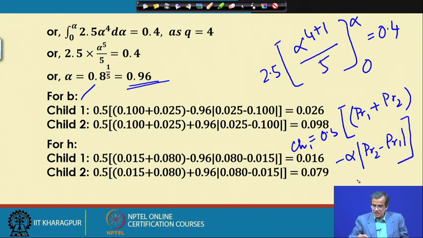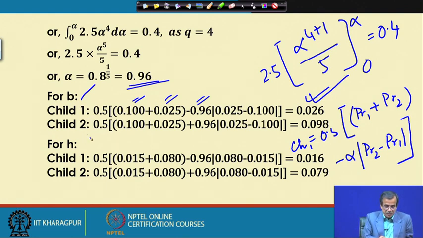So, this is actually the expression for child 1. If you substitute all such numerical values here, for example, parent 1 is 0.100, parent 2 is 0.025, alpha is 0.96, then very easily I can find out this numerical value for child 1.